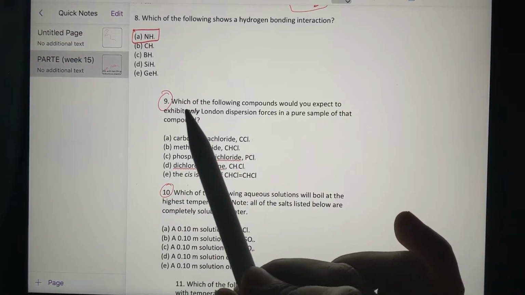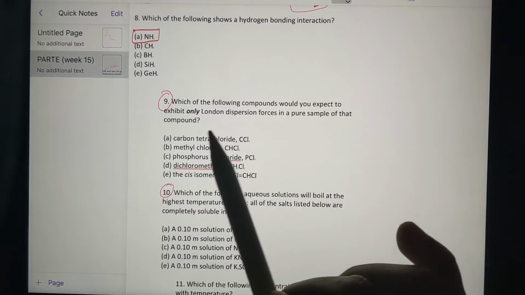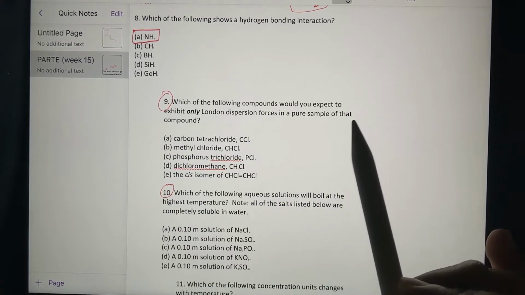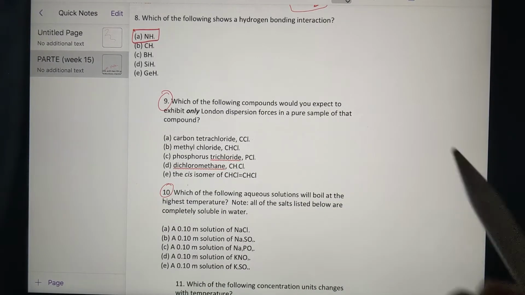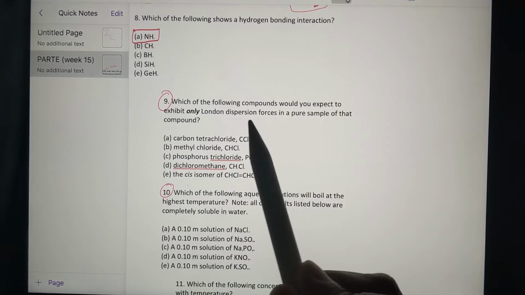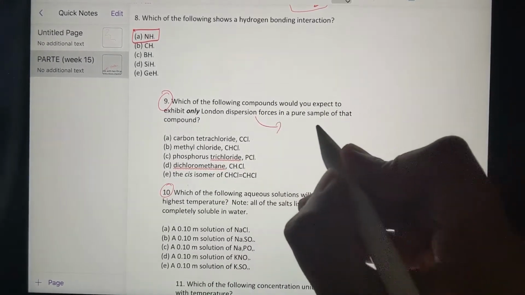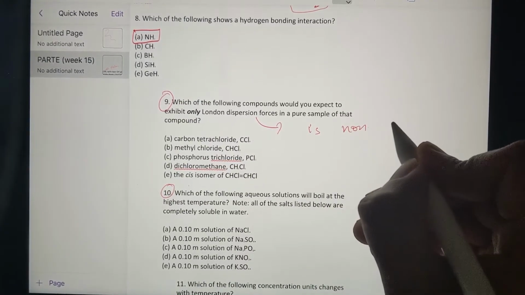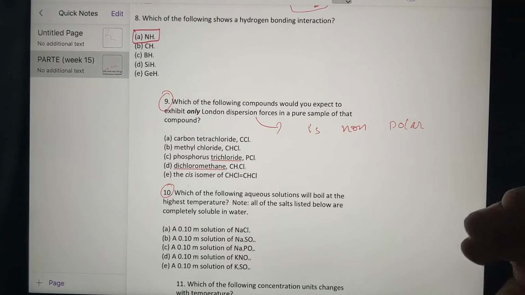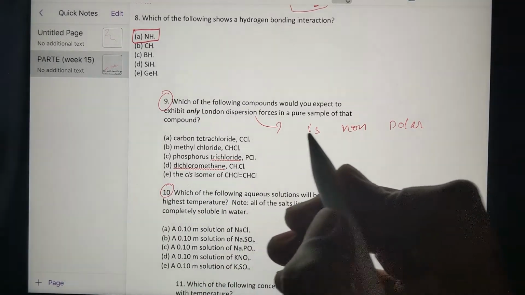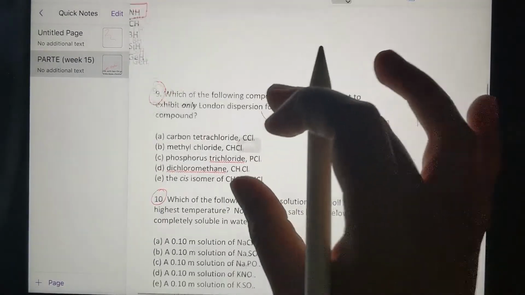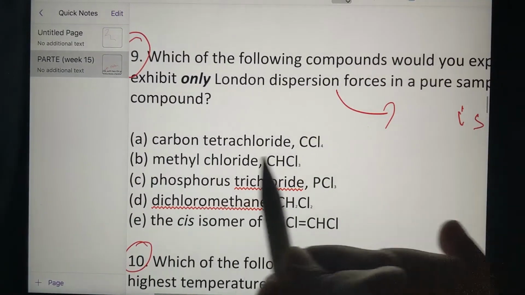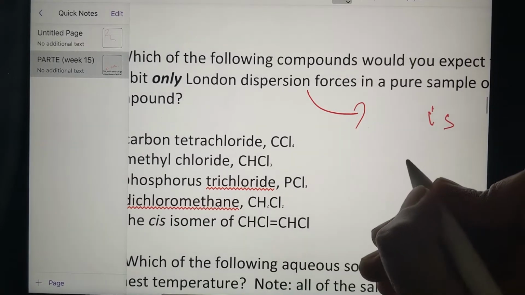Ninth question is, which of the following compounds would you expect to exhibit only London dispersion forces in a pure sample of that compound? Only these forces, which means your molecule is non-polar. Okay, so carbon tetrachloride is a tetrahedral molecule.